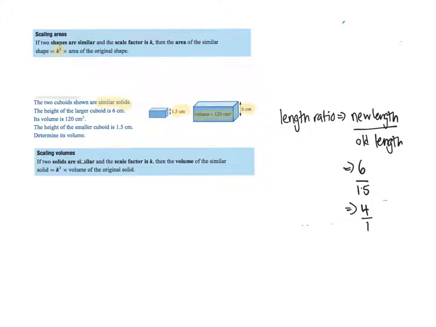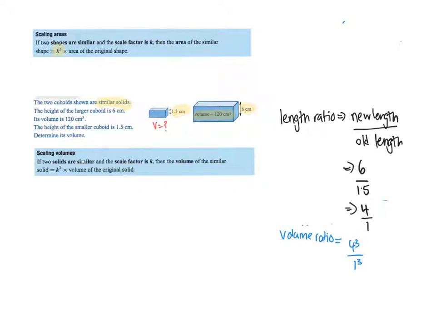Okay. So now I want to be able to find the volume. The actual question is the volume of the small one, so I'm going to use the volume ratio. If I've got the length ratio 4 over 1, the volume ratio must equal 4 cubed over 1 cubed. You're going to cube both the numbers of the length ratio. 1 cubed is 1, because 1 times 1 times 1.